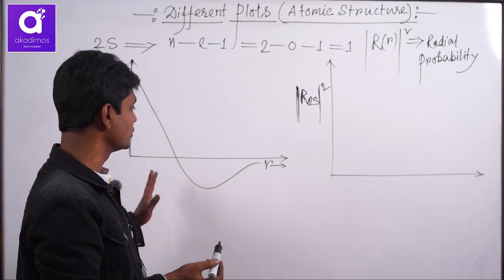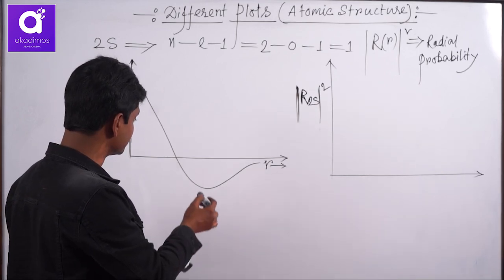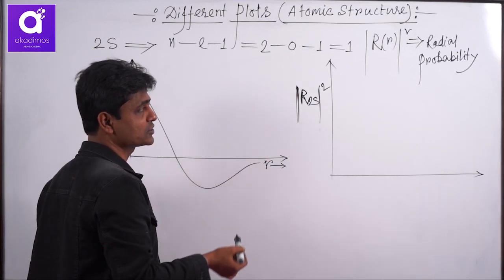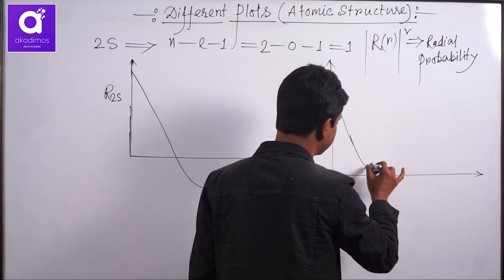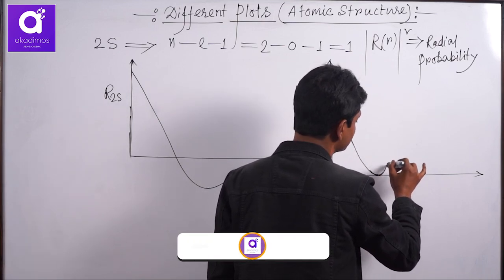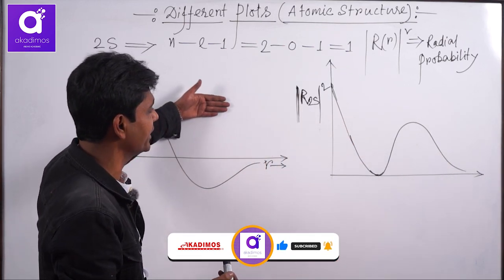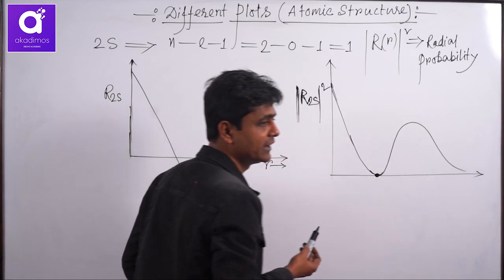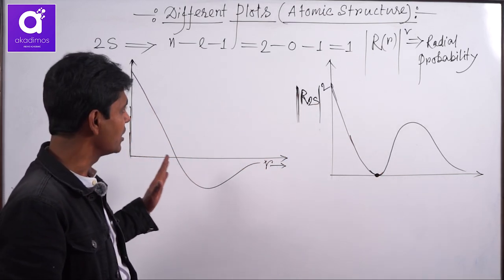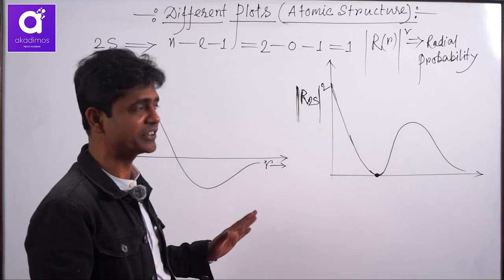Also, you have to plot qualitatively, not quantitatively, remember. And this minus also becomes plus when you square. That means it looks like this one. This minus part squared becomes plus. Since it is an even function, this is the node.